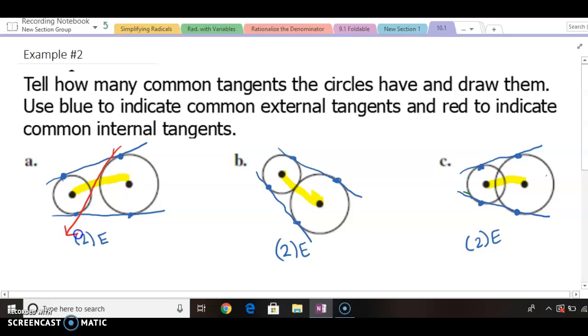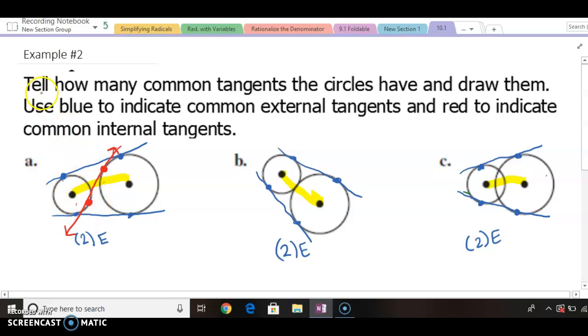There we go. That's better. Not perfect, but you get the point. So that's a tangent, and this does not look like a tangent, guys. That should have been a little steeper. Right there, that would be a common internal tangent. Once again, it's a common tangent because it's tangent to both of these circles, but it does cross through the segment that joins the centers.